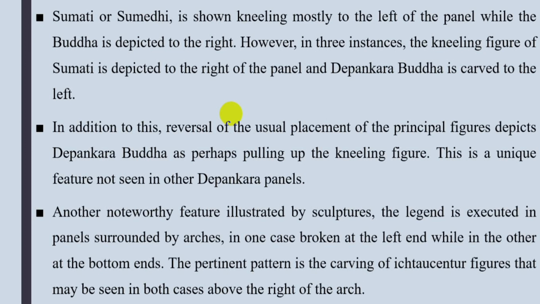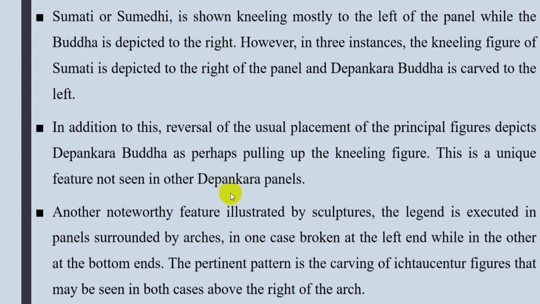In addition, this reversal of the usual placement of the principal figures shows Dipankara Buddha perhaps pulling up the kneeling figure. This is a unique feature not seen in other Dipankara Jataka panels recovered so far from different areas.